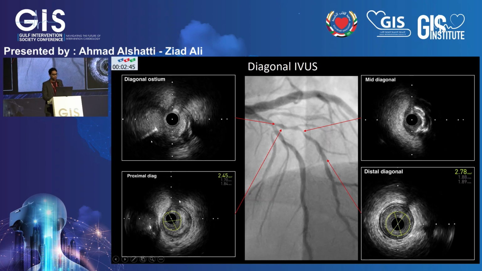We notice in the proximal diagonal a large plaque burden and the left main coming in, suggesting that if we're going to perform PCI, this will need a dedicated two-stent strategy, which fits with what we were talking about regarding the bifurcation strategies earlier. A very long vessel, more than 73 millimeters, a vessel that's probably 2.5 millimeters in diameter or larger, and is the first diagonal, so covers a large amount of territory. So this could be one approach.